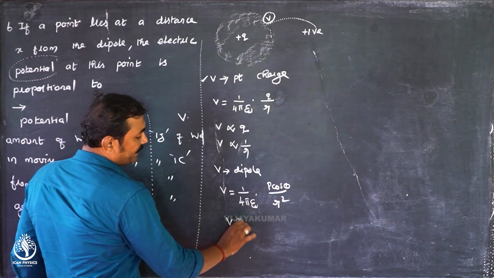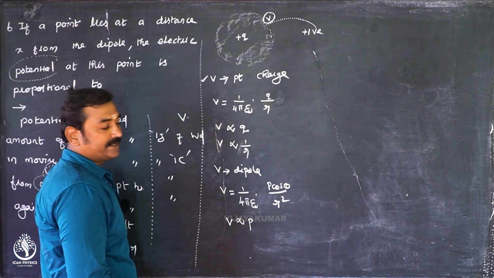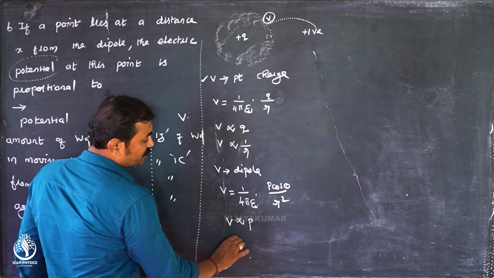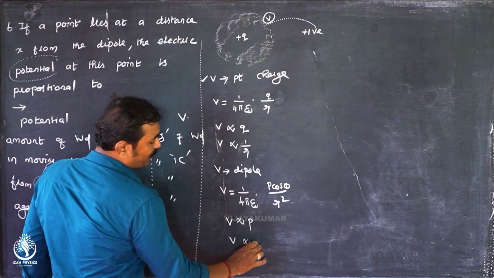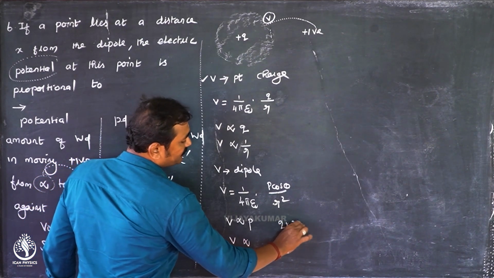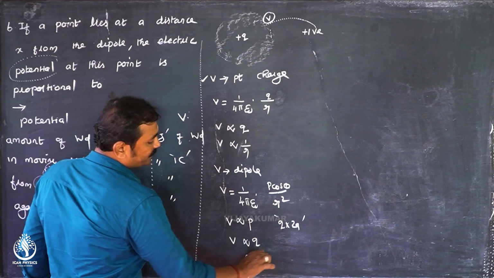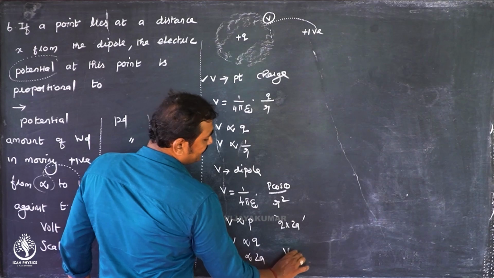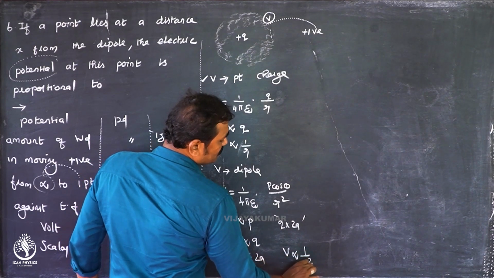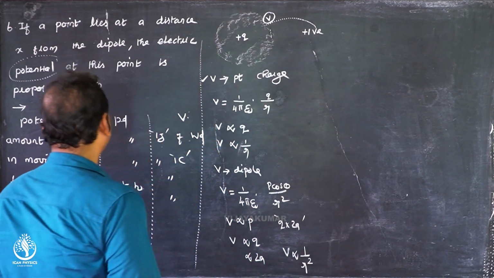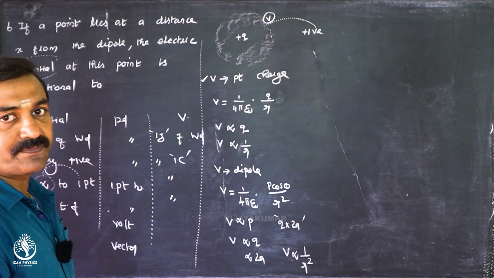So potential is directly proportional to dipole moment, that is, Q into 2A. So directly proportional to charge, directly proportional to 2A, and inversely proportional to the square of the distance between them.